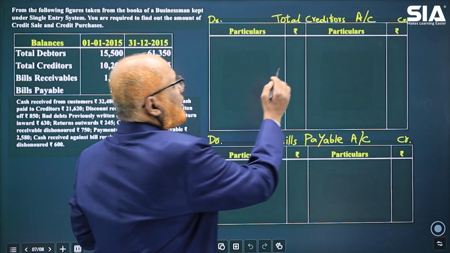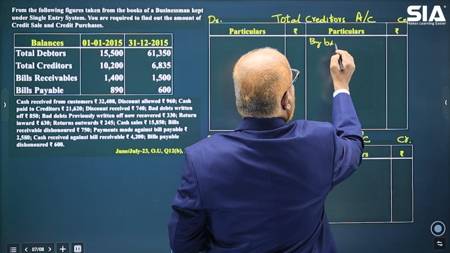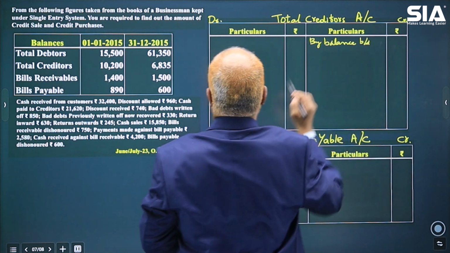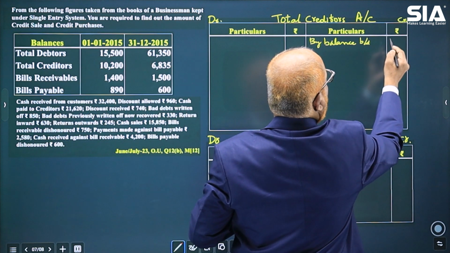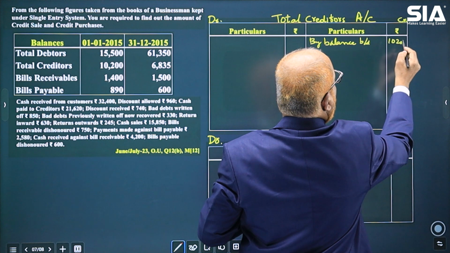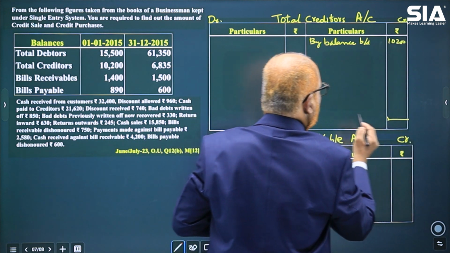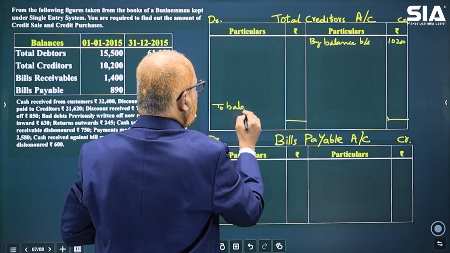So we'll take it on the credit side by balance brought down. This is the opening balance. So total creditors account opening balance 10,200.